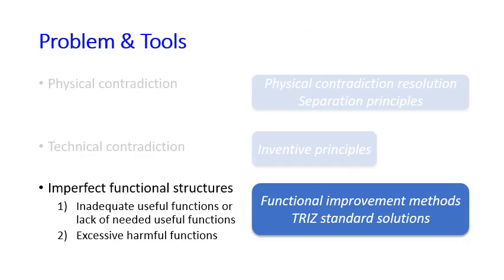Now remember that sometimes we do have the functions, but they are imperfect. Either the useful function is inadequate, or we have excessive harmful functions. For these types of problems, TRIZ suggests we use functional improvement methods and TRIZ standard solutions.